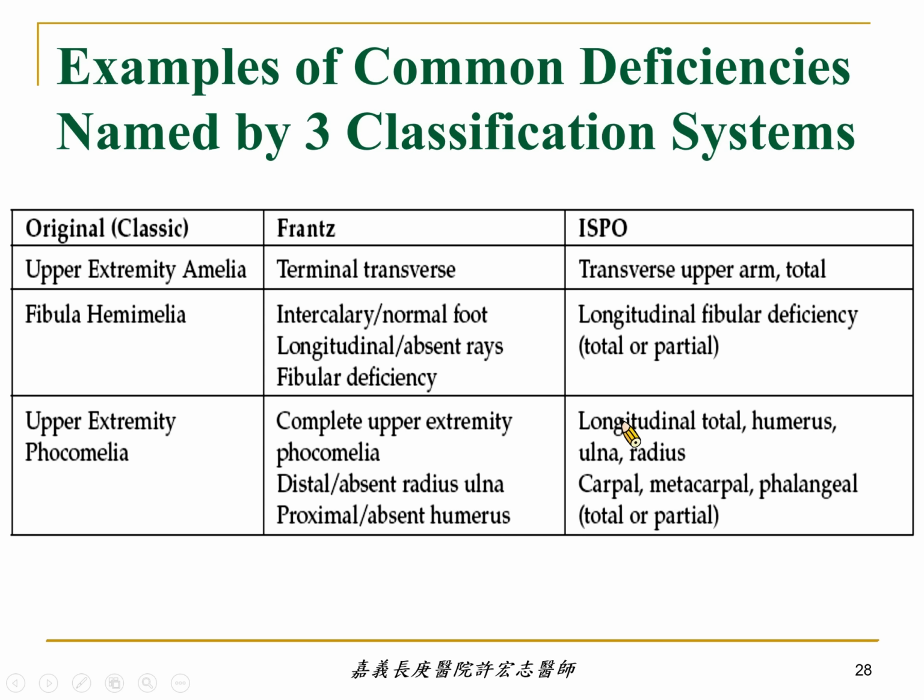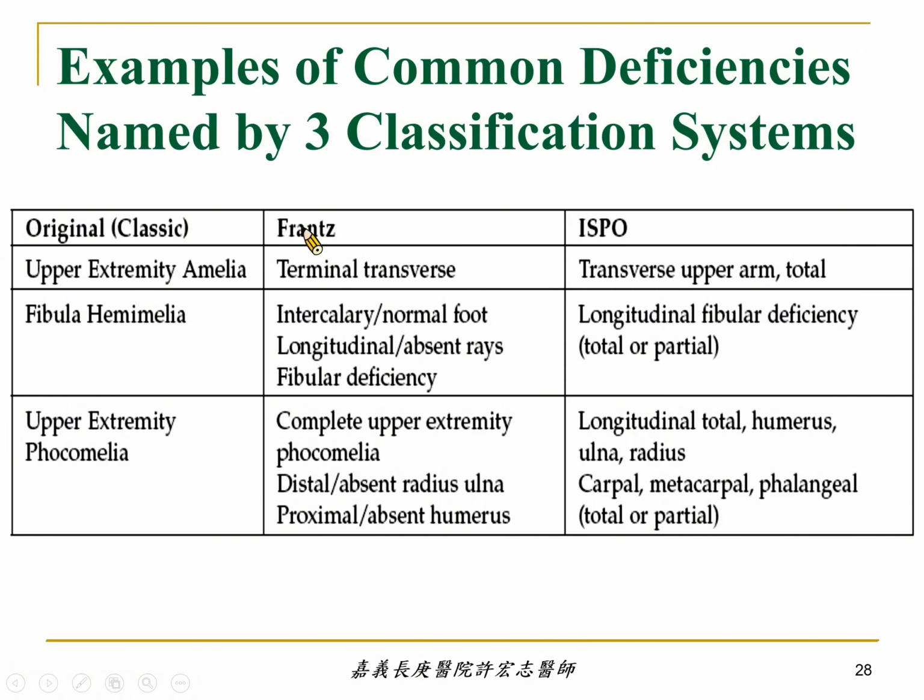These are the comparison tables of the common deficiencies named by three classification systems. You can see the ISPO, which is the most favorable one, and the French and the classic classification systems. For example, if the patient has upper extremity amelia, in the ISPO system we call that the transverse upper arm total.